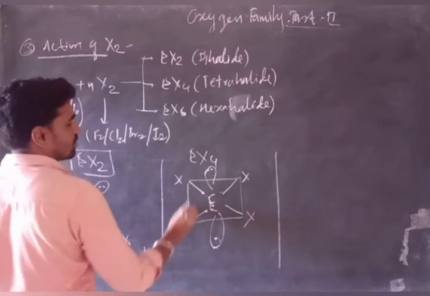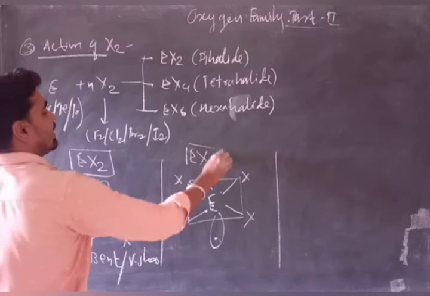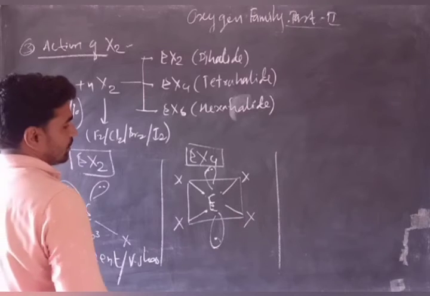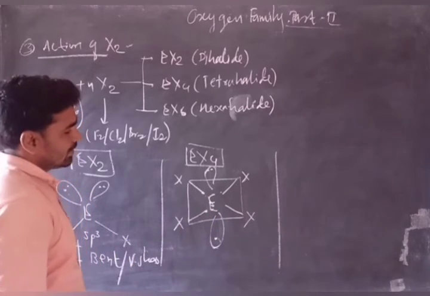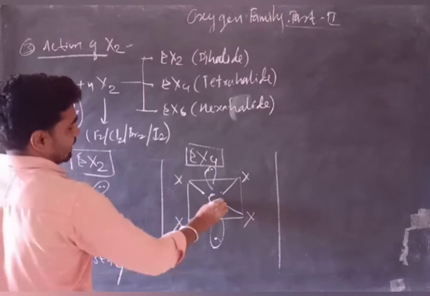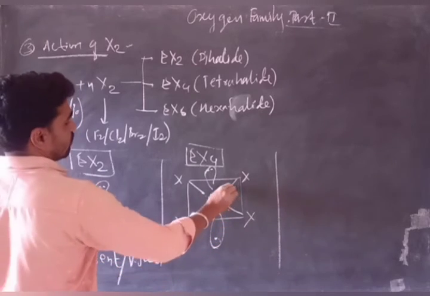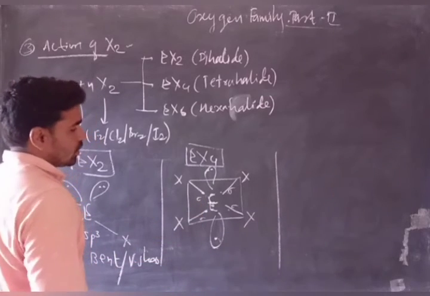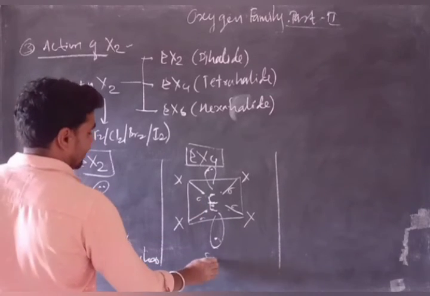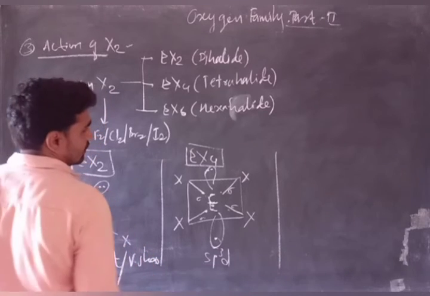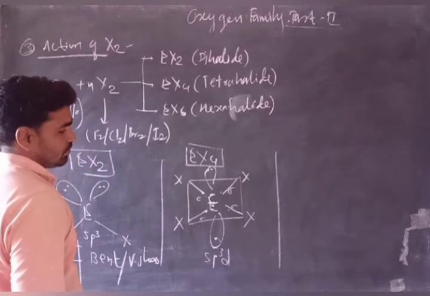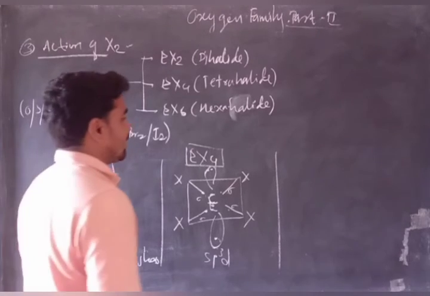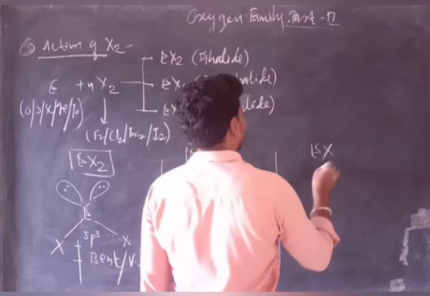This is the structure of the tetrahalides of the oxygen family. If we see the hybridization of the central atom, it has 4 bond pairs and 1 lone pair, so it has sp3d hybridization.